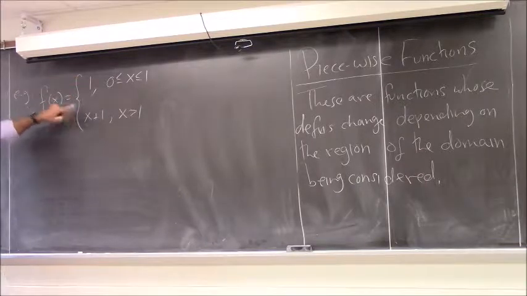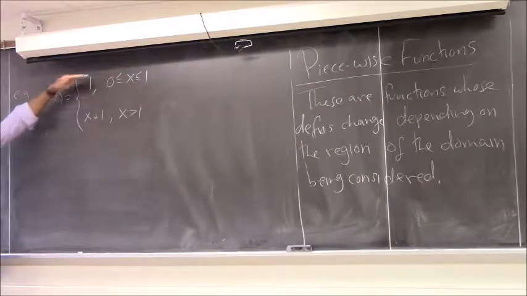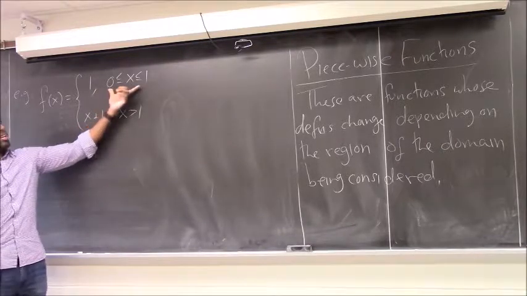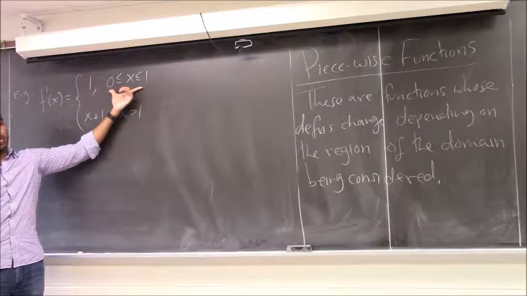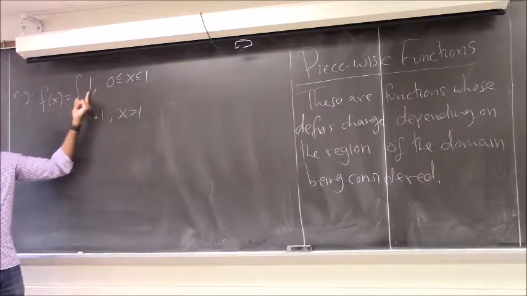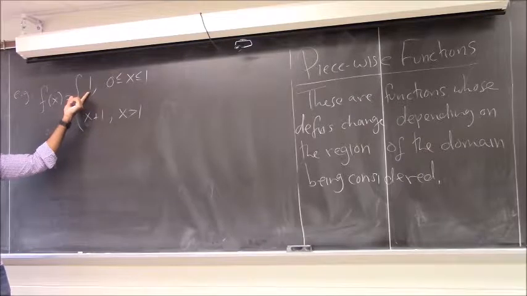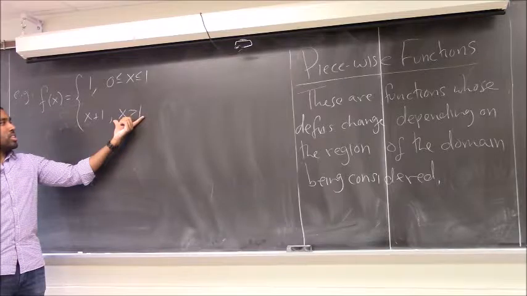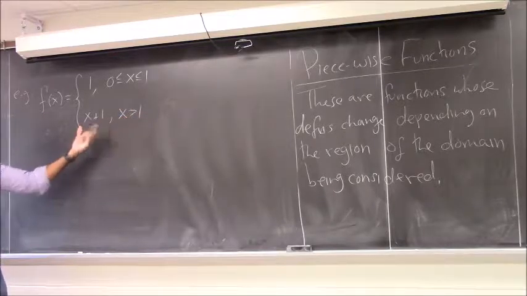You do a squiggly bracket, and you write down all the possible definitions that your function can take on. And then you also write down what domain that applies to. So as long as you're between 0 and 1, your function just outputs the output value 1. If your x input is greater than 1, it will output x plus 1.